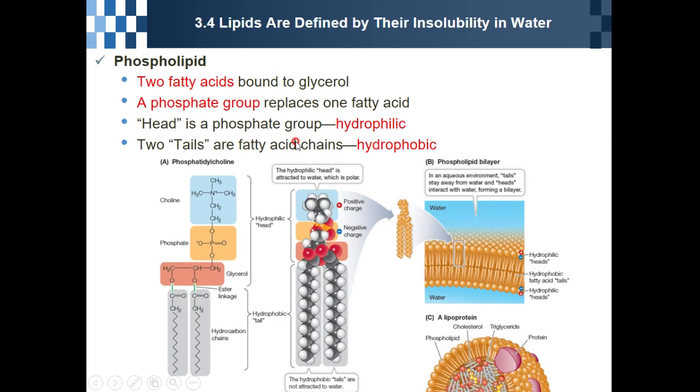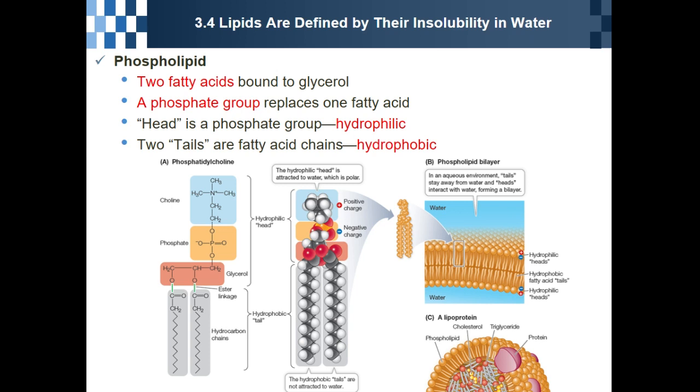Let me start explaining the phospholipids. This is glycerol. Usually a lipid has 3 legs, fatty acids. But sometimes these 3 legs become 2 legs, and one half is like this. Usually in phospholipids, 2 fatty acids bind to the glycerol.